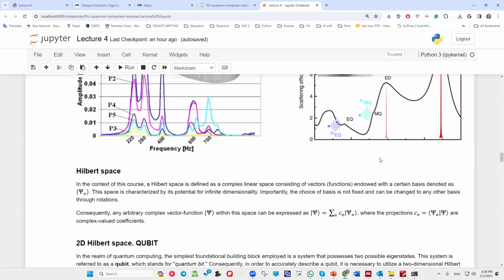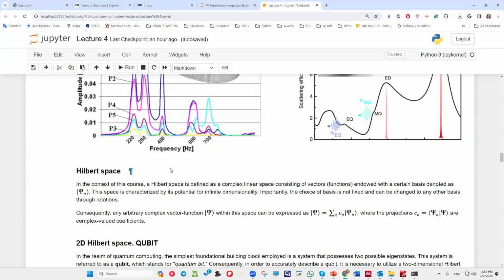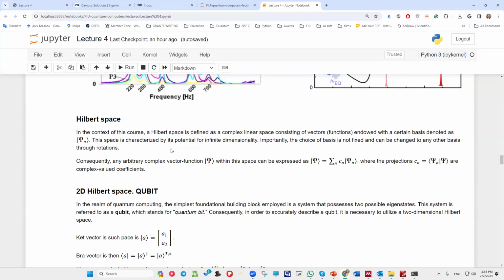So this is basically why we need this function space concept, and why we need to be able to work with functions as with vectors. And this brings us to the concept of Hilbert space that we already discussed.